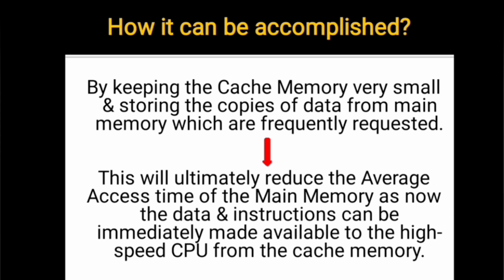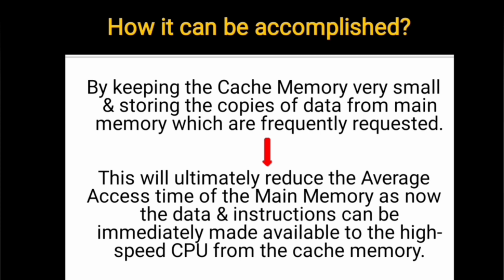As we all know, the main memory size or capacity is larger than the cache memory. So the time required to search for data in main memory will be larger as compared to the cache memory, because cache memory is small in size.